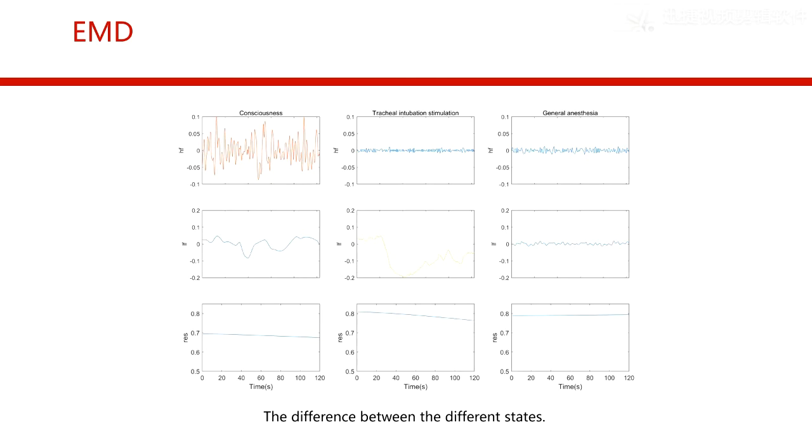The LF signals in the anesthesia states are stable. But when there is a noxious stimulation, it is going to have more dramatic changes than when it's awake. And these are the typical features that we use to distinguish the different states.